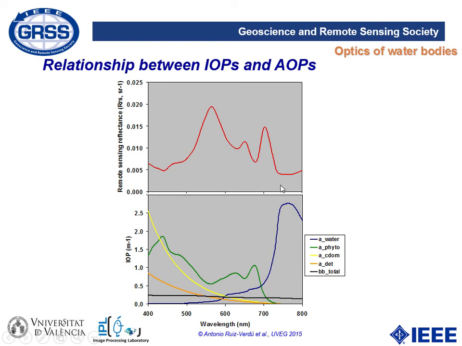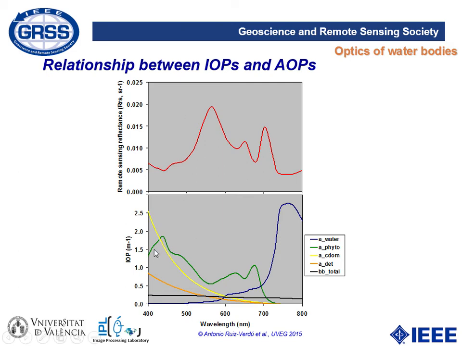And this produces a decrease in the remote sensing reflectance in the infrared. So basically, the absorption of the different optically active constituents produces those minimums of reflectance in the reflectance spectra.